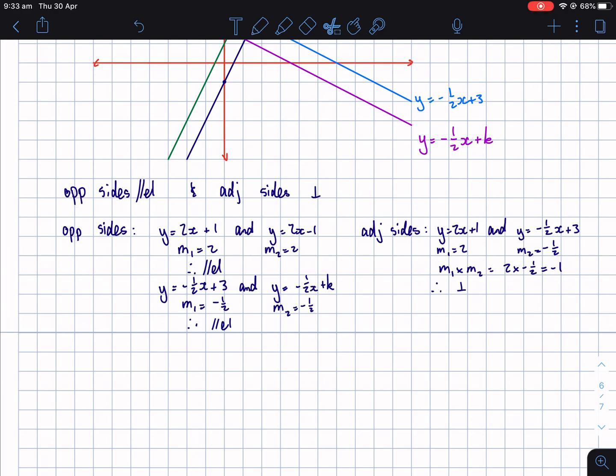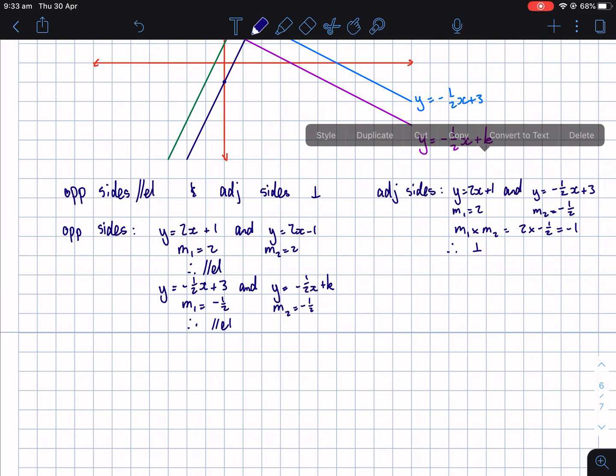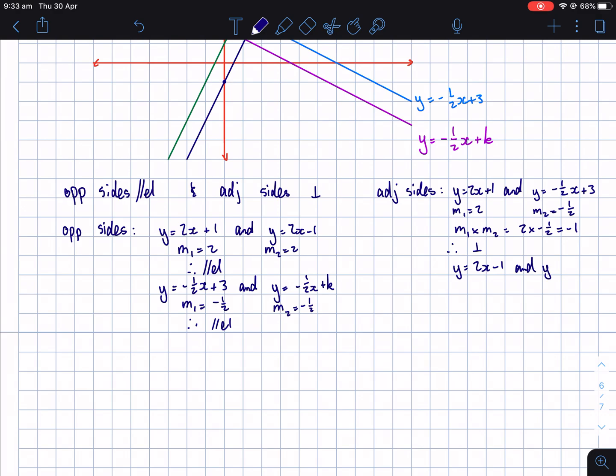And we'll do the exact same thing for the other sides. y equals 2x take 1 and y equals negative half x plus k. Don't care what k is. m1 is 2, m2 is negative half, so m1 times m2 is going to come out as negative 1. Therefore, they're perpendicular.